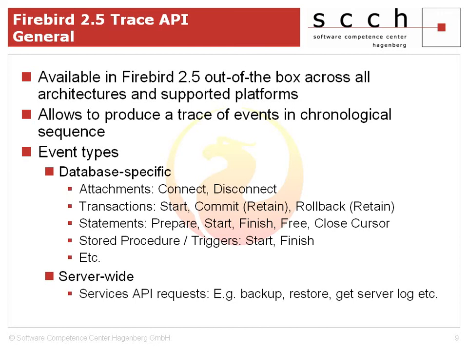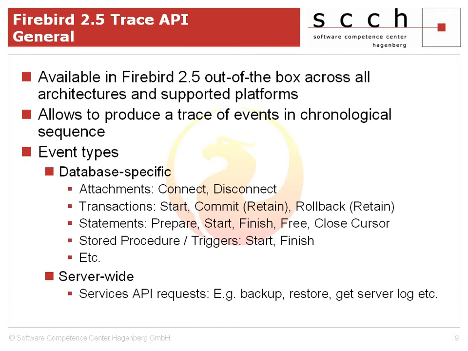The Trace API gives you a chronological sequence of the executed events, and there are different event types supported. There are database specific event types like connect and disconnect to a database. If there is a transaction start, commit, or rollback, you want to be able to capture this. Statements in general, if a statement gets prepared, if a statement gets started, if it's finished, you get this information.